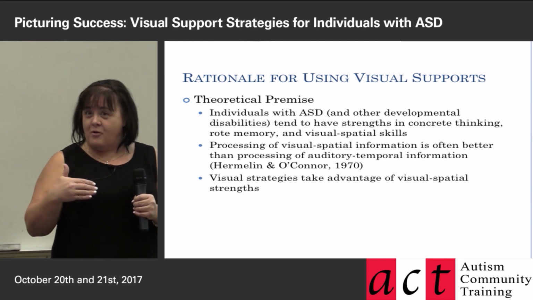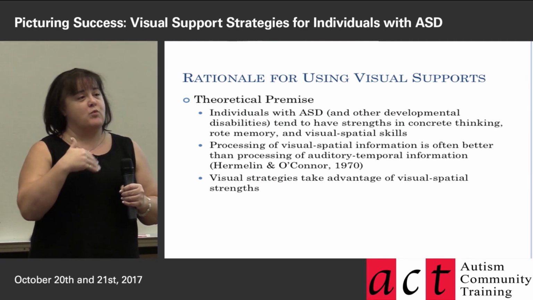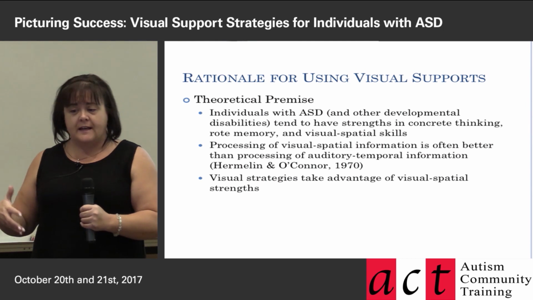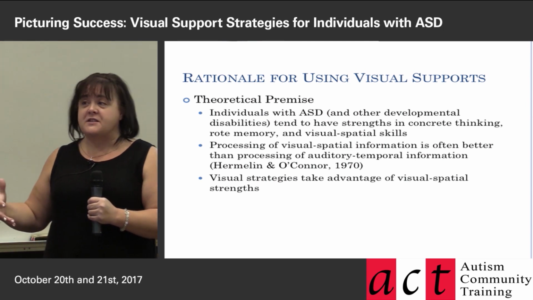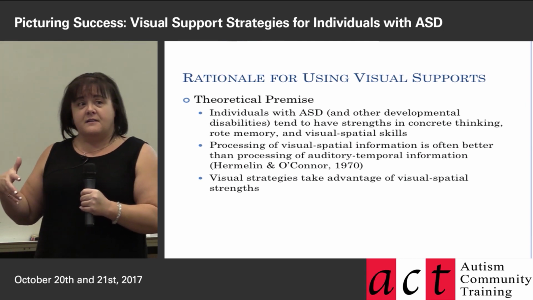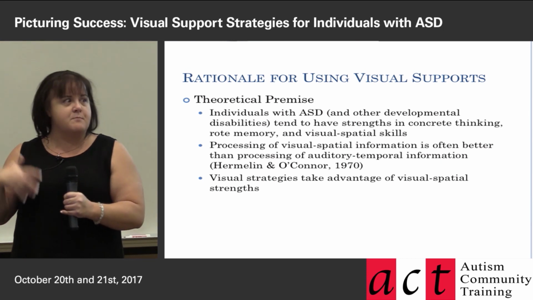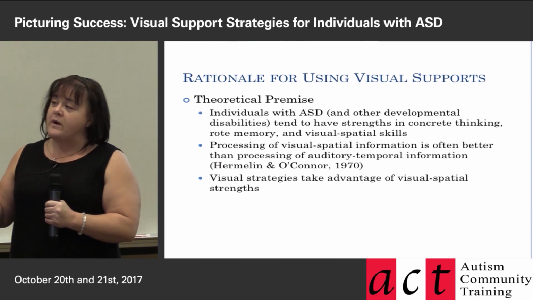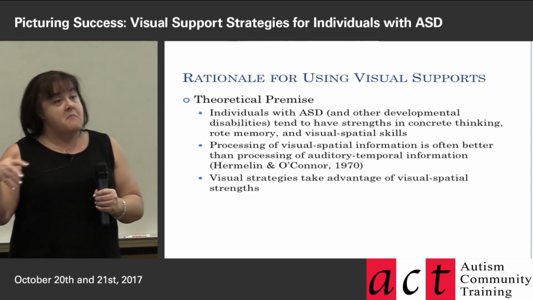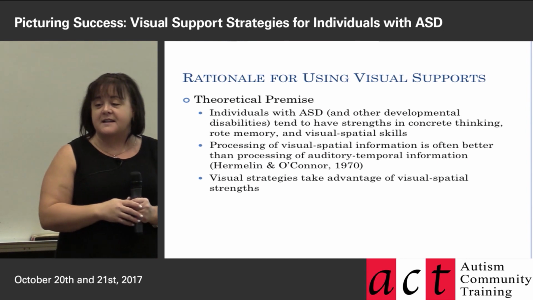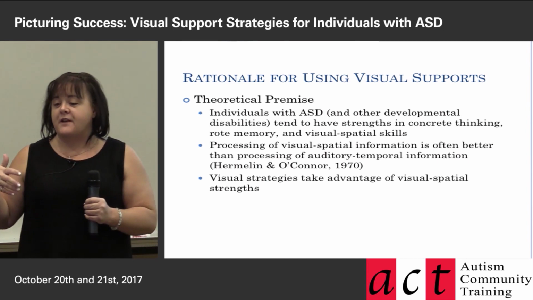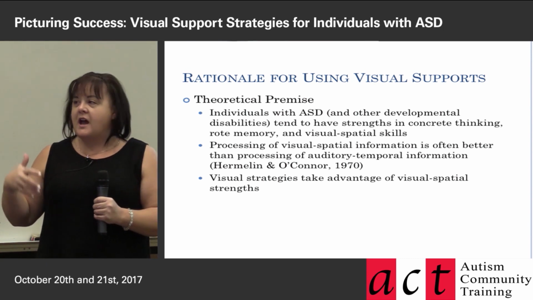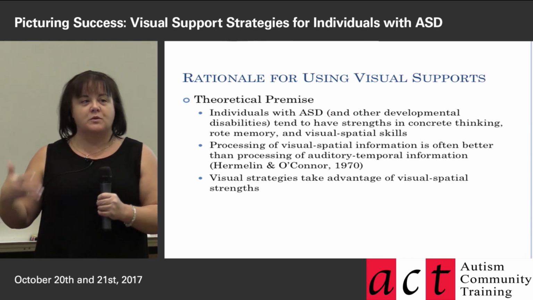But I kind of want you to know that this came from people doing research and looking at the characteristics of individuals with autism in particular, but also individuals with developmental disabilities, that point us towards visual supports, that make visual supports a logical option. One thing we know is that individuals with autism, and sometimes other developmental disabilities, tend to have strengths in thinking more concretely, memorizing things, and they often have really good visual spatial skills.